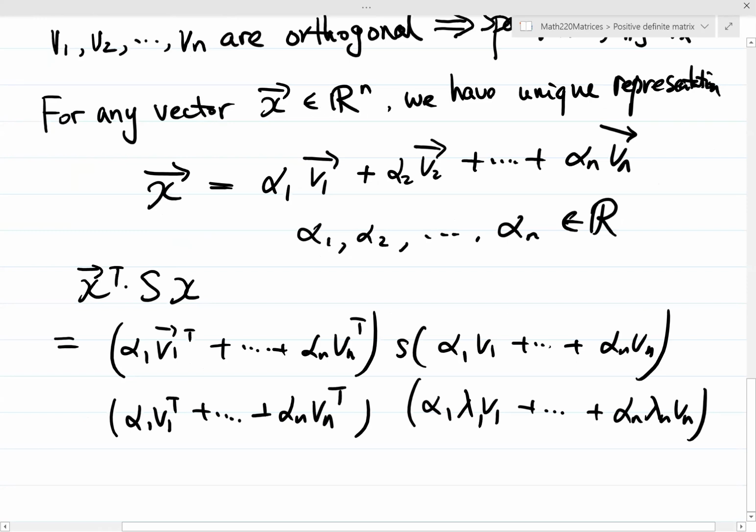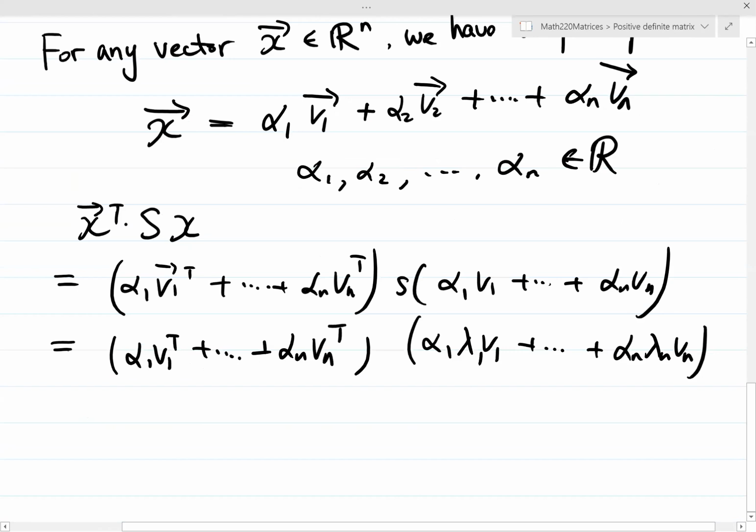So we only have terms like alpha 1 times alpha 1 lambda 1 v1 transpose v1, plus ... plus alpha n squared lambda n vn transpose vn.